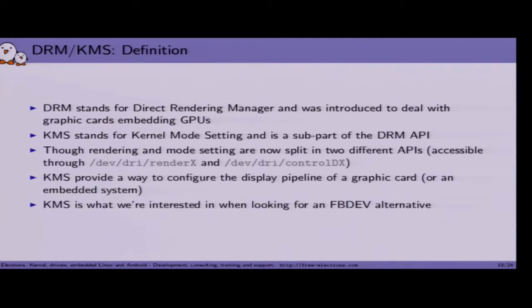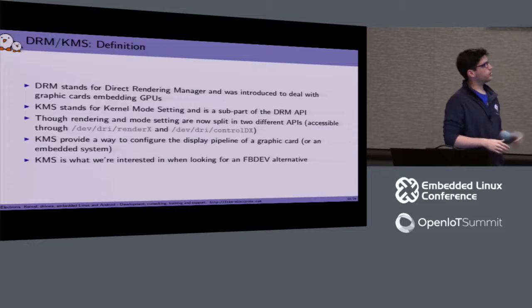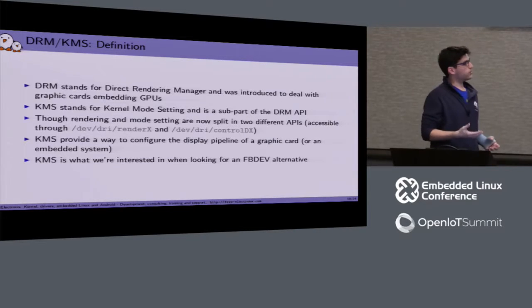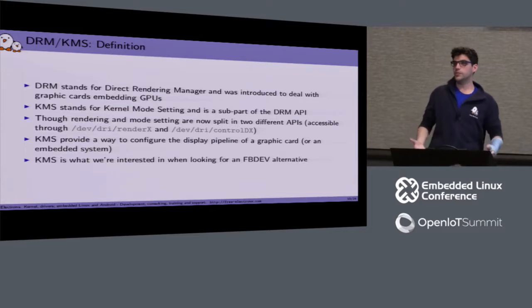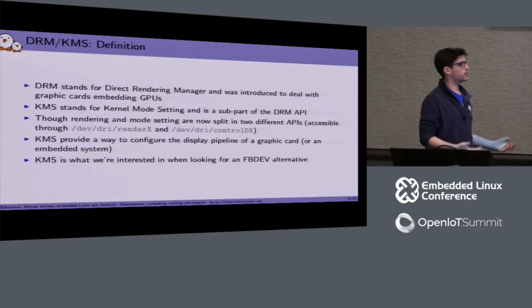So you basically have two different controls depending on whether you want to talk to the rendering API or the mode setting one, which are two different files in /dev/dri, so render and control, respectively. And so KMS will be able to provide you a standard API to be able to control the display pipeline of your embedded system or graphics card.